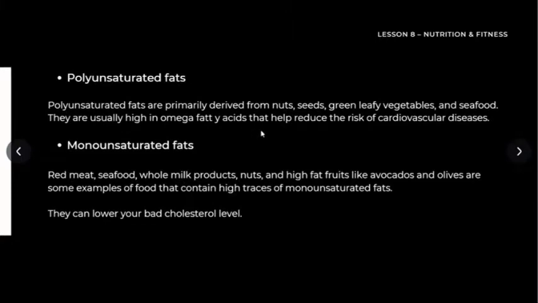This one helps you reduce the risk of cardiovascular diseases. And this one helps you lower your bad cholesterol and increase your good cholesterol. Meaning to say, if you include this in your regular diet, this will help you decrease the chance of obtaining health-related diseases.